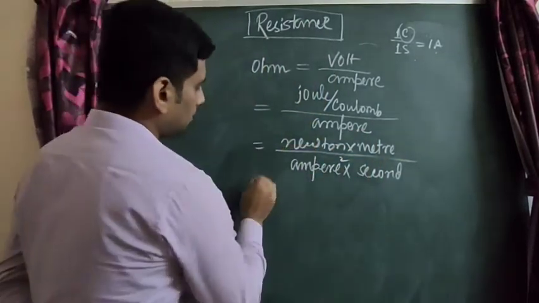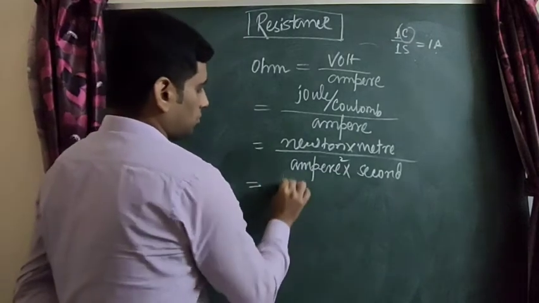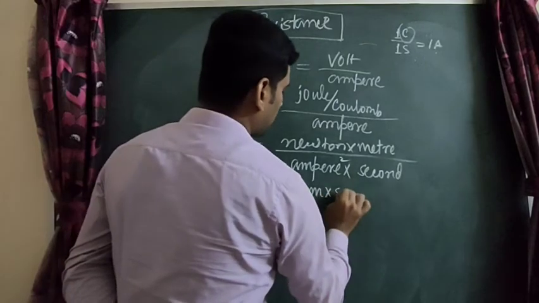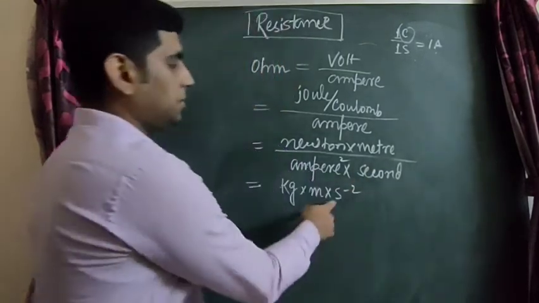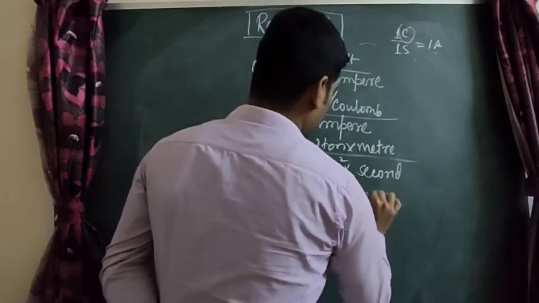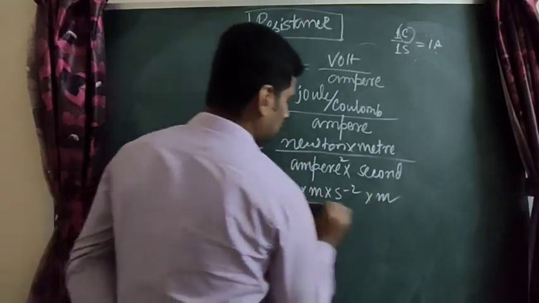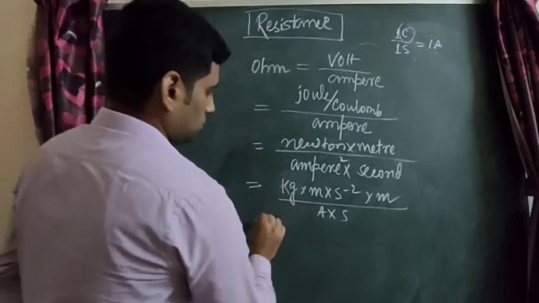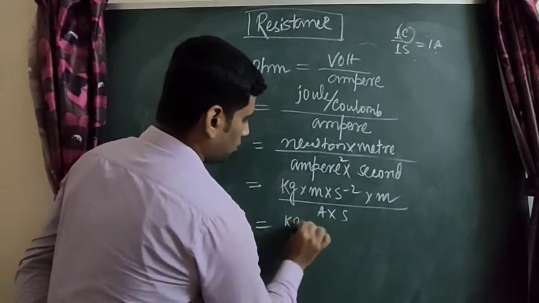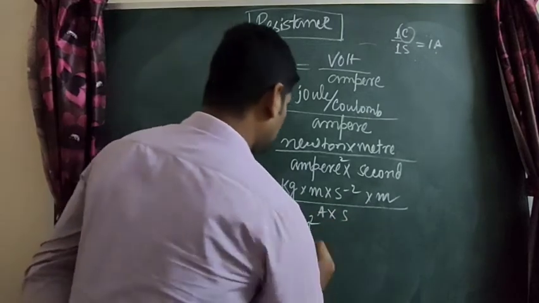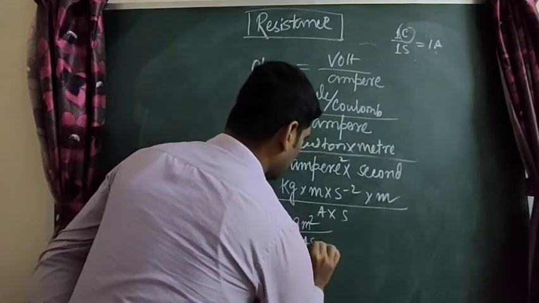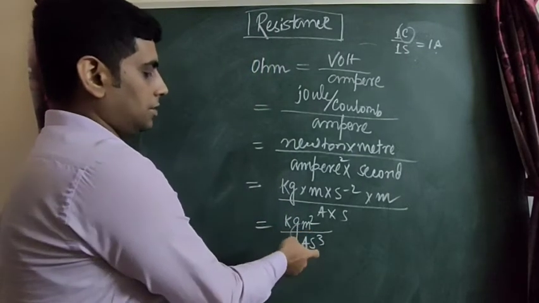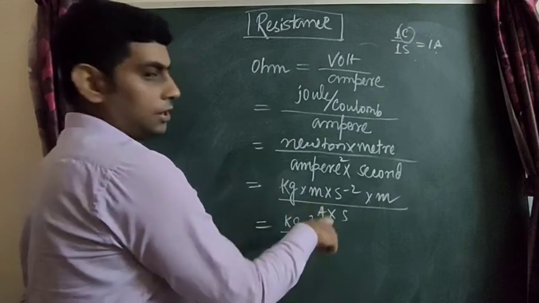Now Newton means kg meter per second square. Kg meter per second square into meter by ampere square into second. So what is coming? Kg meter square by ampere square second cube. Now see, you have got the unit of mass, length, current, time, fundamental units you have got.